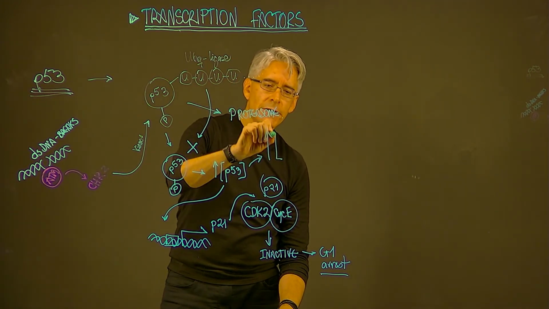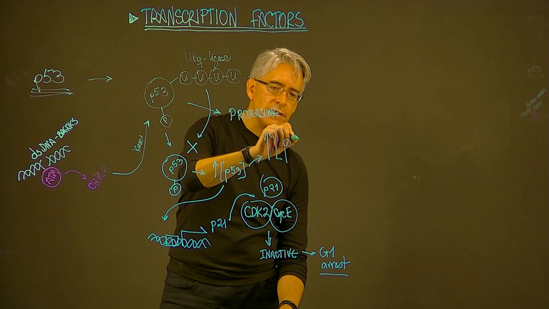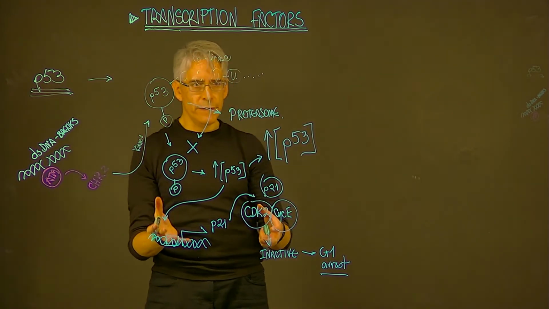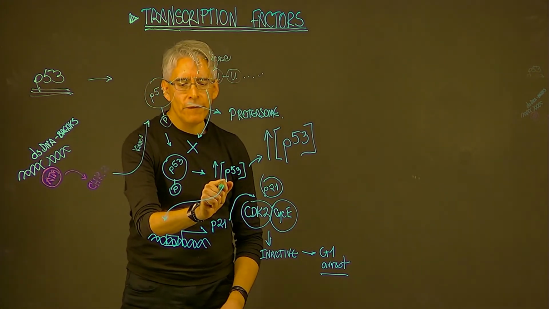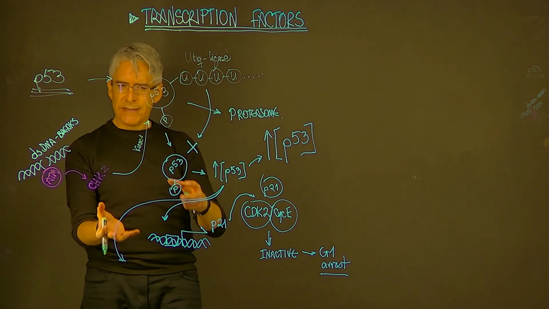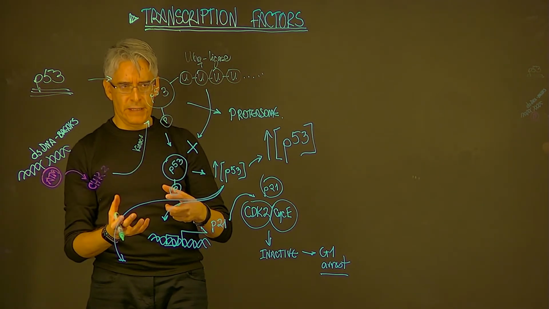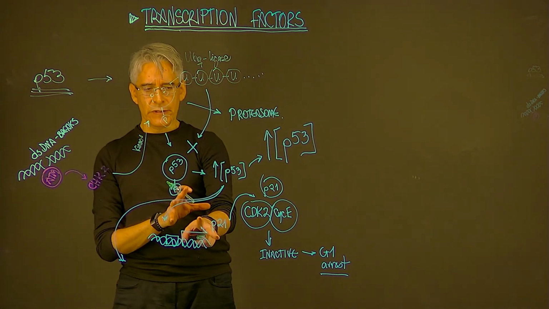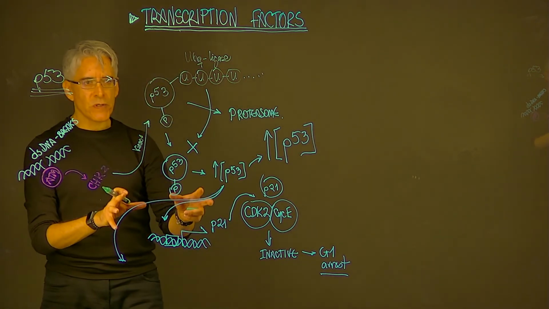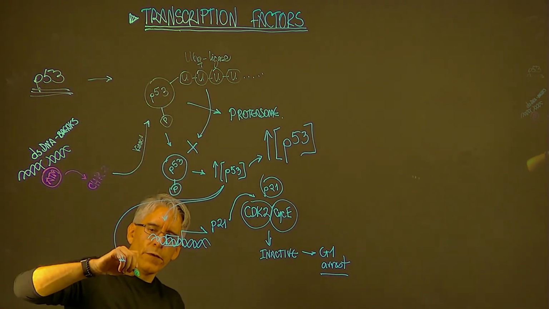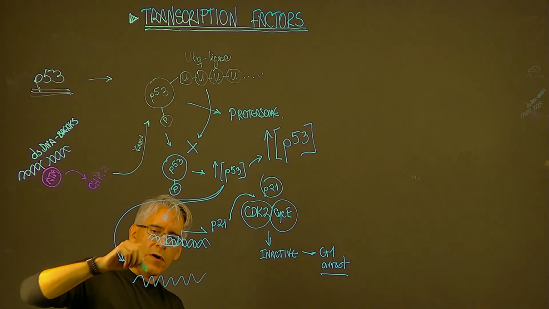So now you will have even larger concentrations of p53 within the cell, and p53 will be able to bind to other promoters for which it has slightly lower affinity. So now p53 is able to not only hit certain promoters such as p21, but also the promoters of other genes, including the genes for PUMA and NOXA.